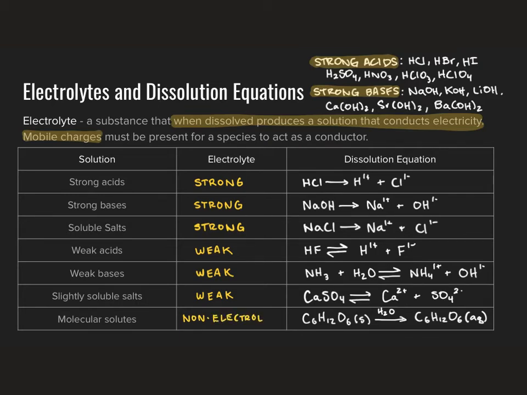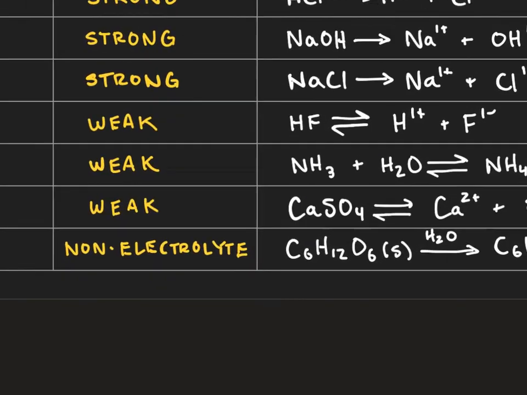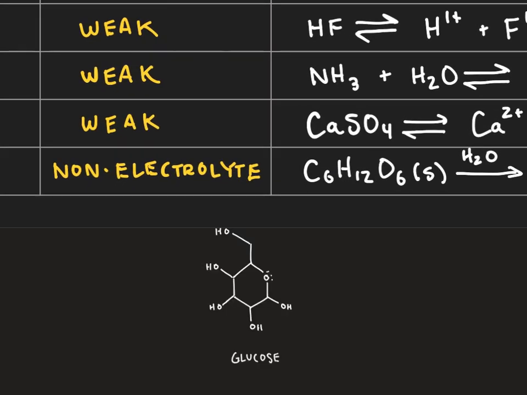And now we might think for ourselves for a moment here, if it's not going to dissociate into ions, then how are we actually going about forming a solution successfully here? To understand why, we need to think about the actual structure of those glucose molecules. The formula of glucose, C6H12O6, is such that the actual glucose molecules have a large number of hydroxyl functional groups, that is OH groups present within that molecule.